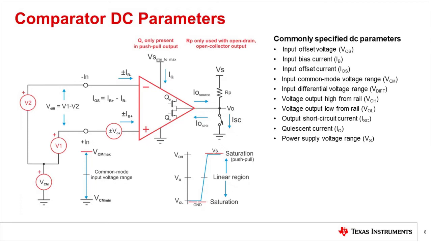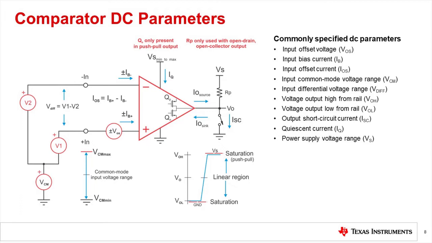You also have voltage output high from the rail, or VOH, and that's essentially the maximum logic high voltage relative to your positive power supply voltage. On the other hand, you have voltage output low from the rail, or VOL, which is the opposite: the minimum logic low voltage relative to your ground pin or your negative power supply pin.